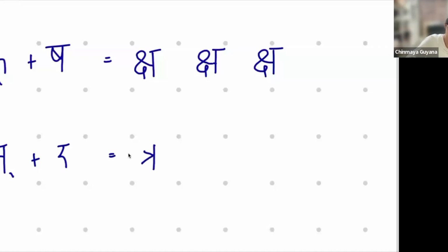Tra looks like a backwards K, like an incomplete trishul. It's missing one more stick for the trishul. Tra.